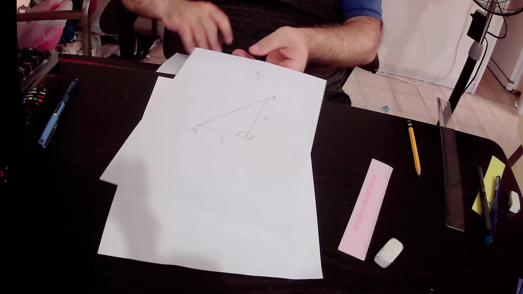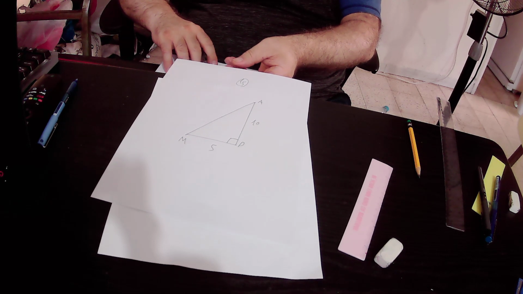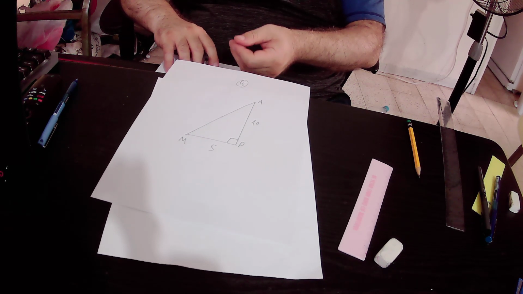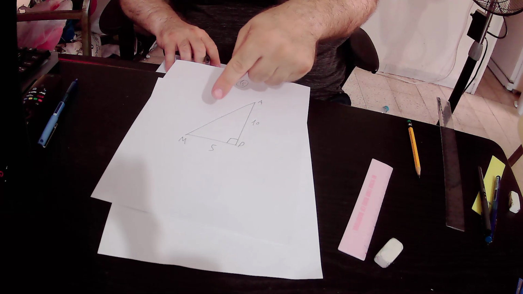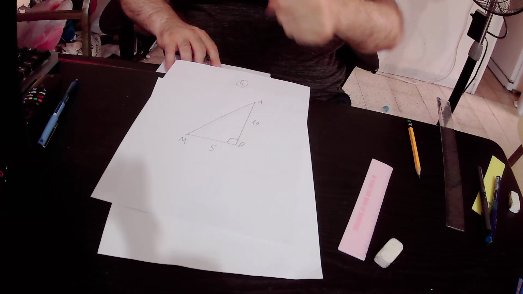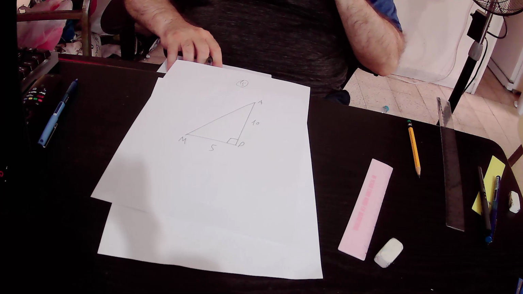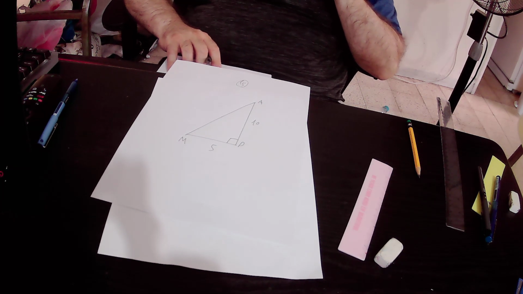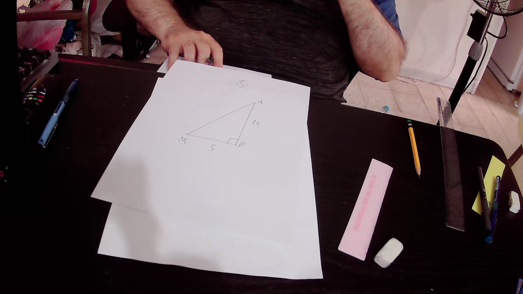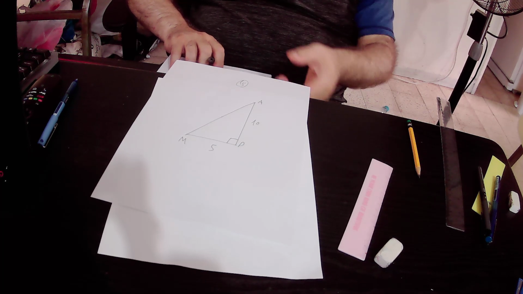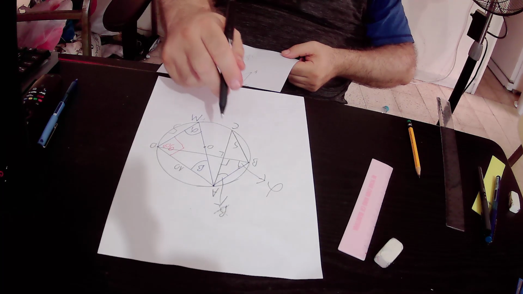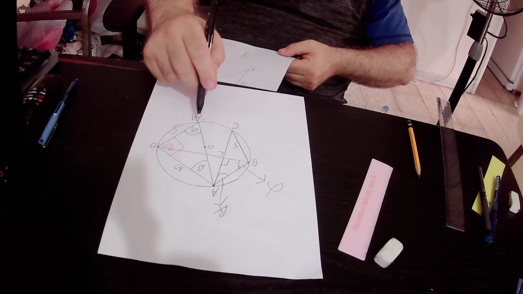So I draw again the right triangle AMD. Side AD equals 10 units, side MD of the right triangle equals 5 units. Note that AM is the diameter of this circle.